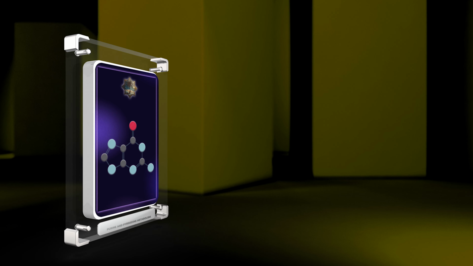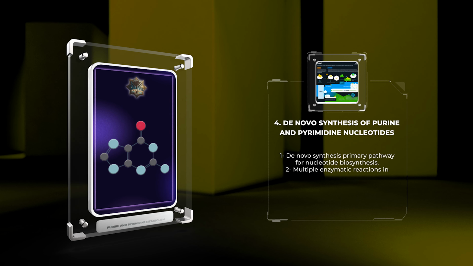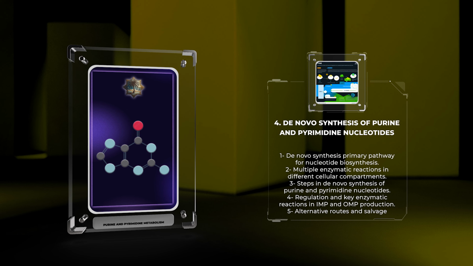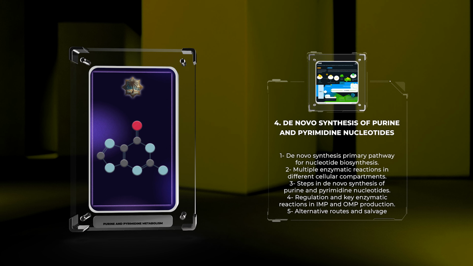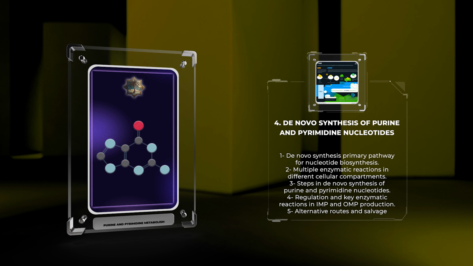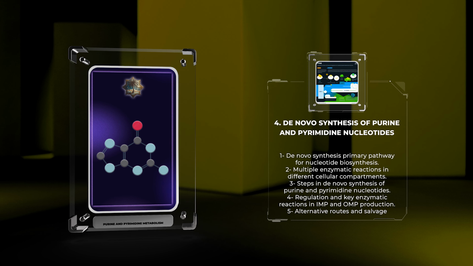De novo synthesis is the primary pathway responsible for the biosynthesis of nucleotides. This complex process involves multiple enzymatic reactions, which take place in different cellular compartments. In this segment, we will meticulously dissect the individual steps involved in the de novo synthesis of purine and pyrimidine nucleotides.